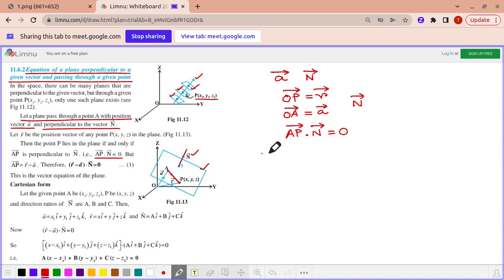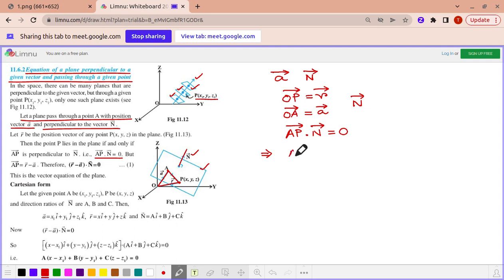The vector AP is nothing but, if you consider the triangle OAP, then from the triangle law we can say the vector AP is nothing but the vector AO plus vector OP.